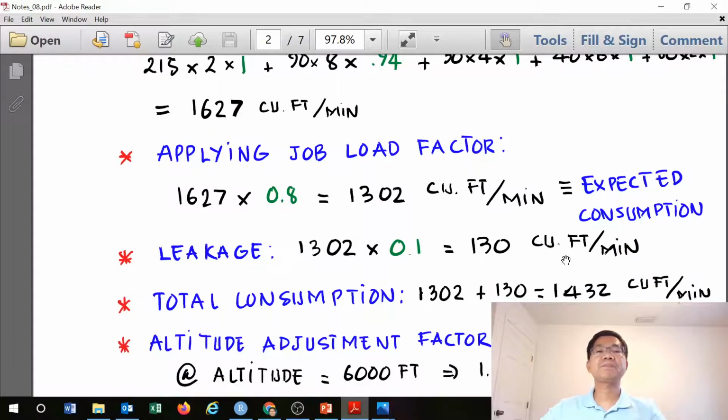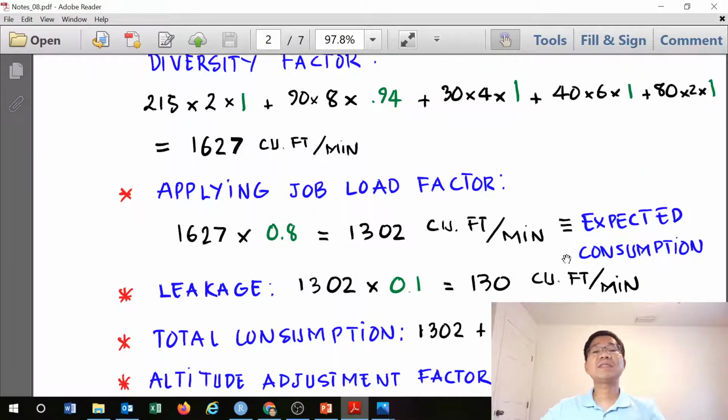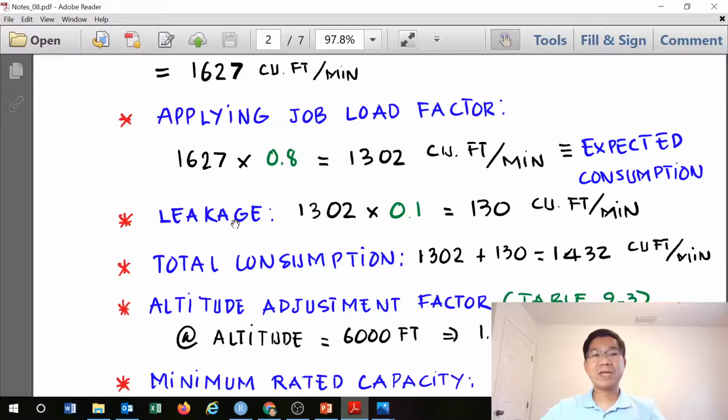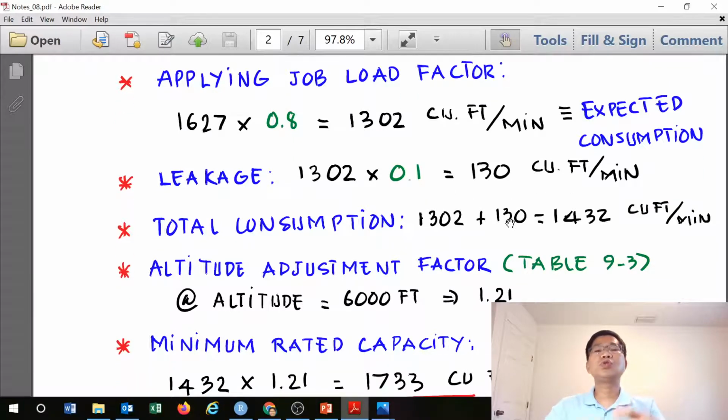And the leakage allowance is 10%, so you need additional air due to leakage, 130 cubic feet per minute. So the total consumption, including the expected consumption and the leakage, added together, is 1432 cubic feet per minute.